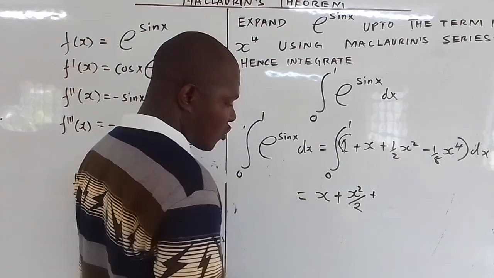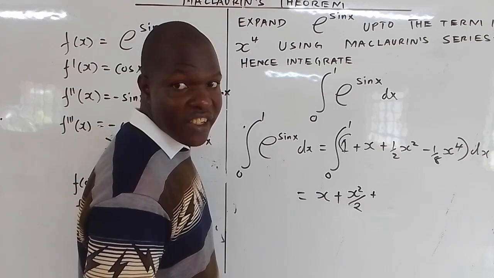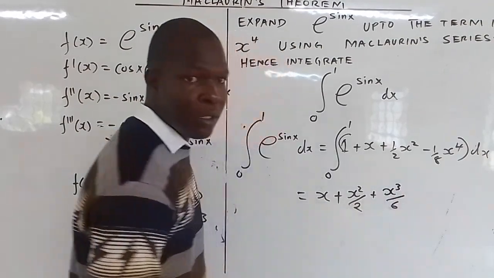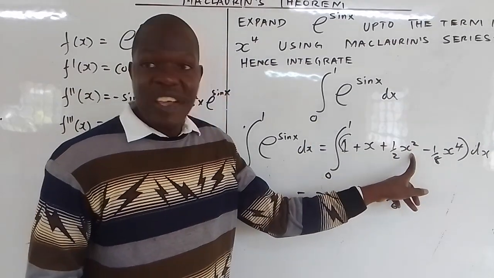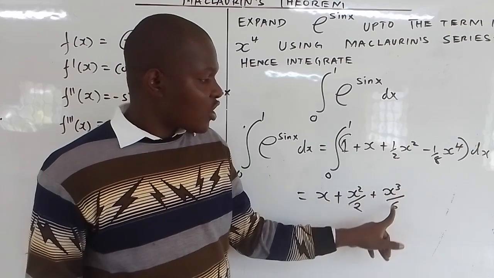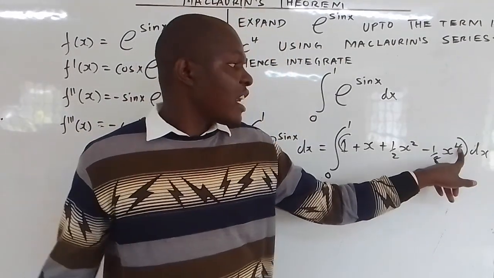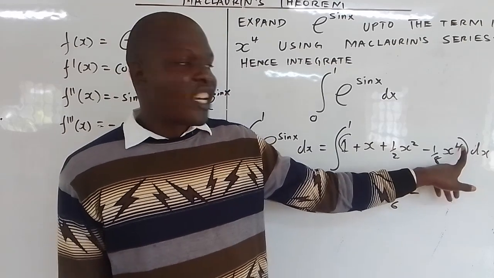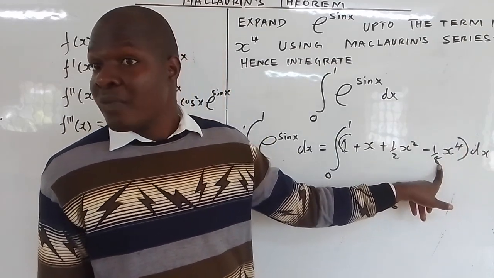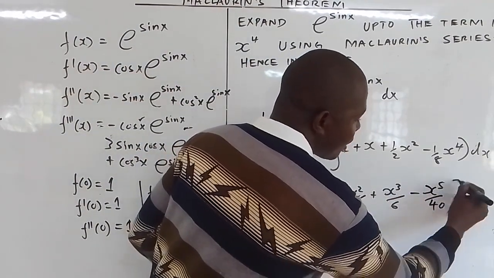If you integrate x squared, you get x cubed over 3, times a half, so you get x cubed over 6. Then minus, if you integrate x raised to power 4, you get x raised to power 5 over 5. Meaning 5 times that 8 in the denominator, you get 40. So it is minus x raised to power 5 over 40.